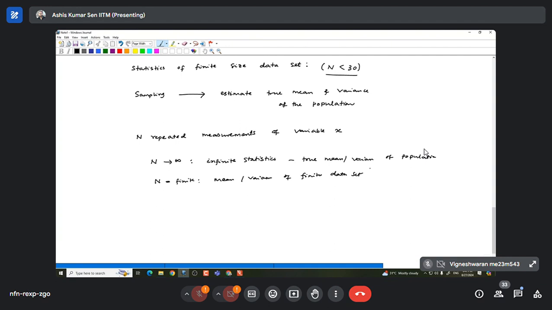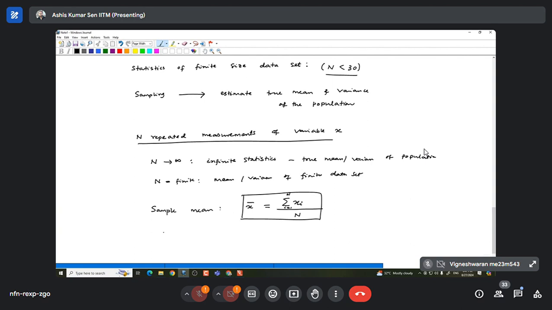When you do n repeated measurements, how do you find the sample mean? The sample mean is the sum of x_i, i equal to 1 to n, divided by n. That is how you find the mean of your sample.